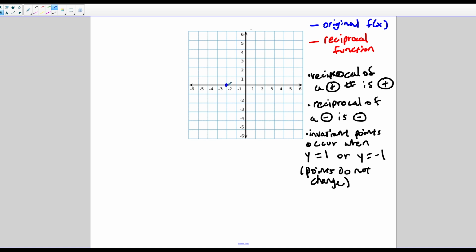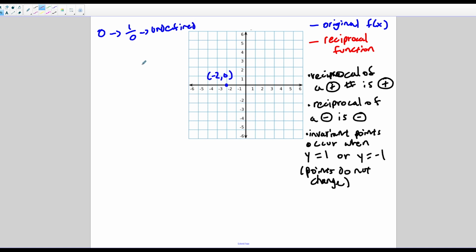Let's look at this point right here, (-2, 0). Well, the reciprocal of 0, you can think of that as 1 over 0. Up until this point, we know that we cannot divide by 0. So when we're trying to divide by 0, we can say that this is undefined.